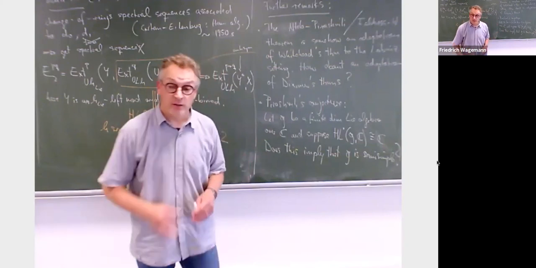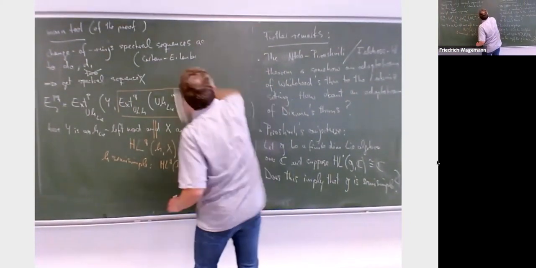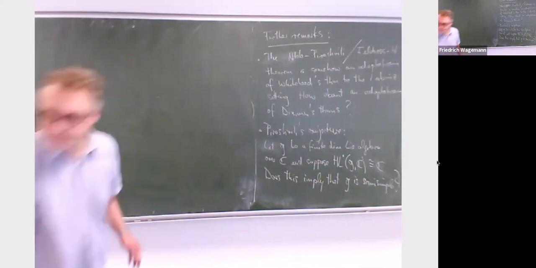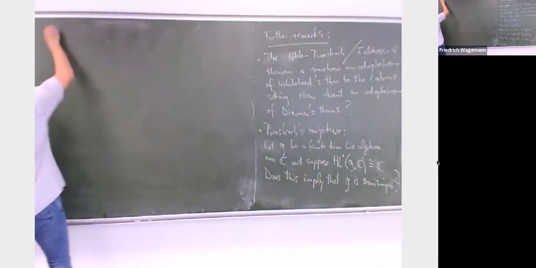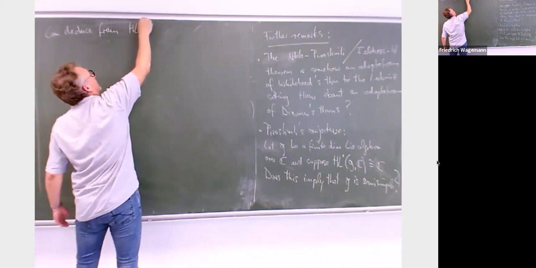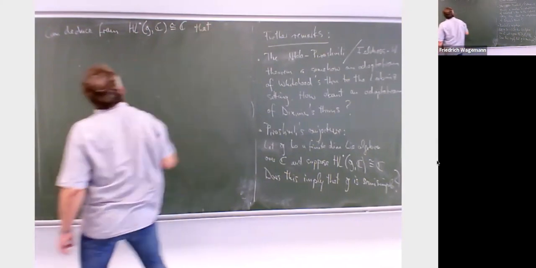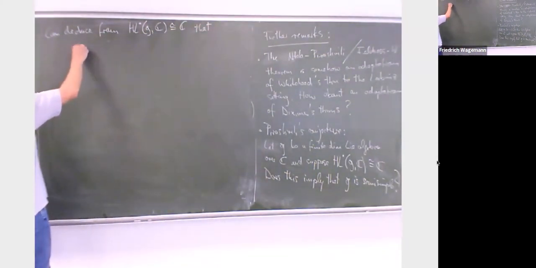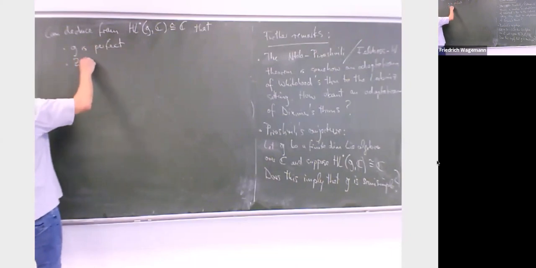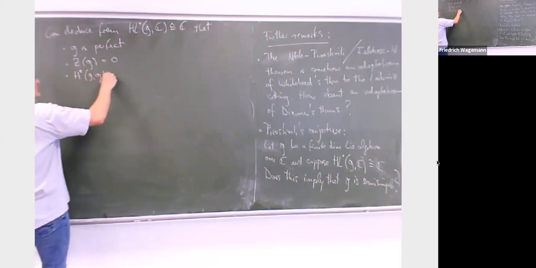But there are Lie algebras which satisfy that G is perfect, center of G is 0, and H^2(G) is 0.